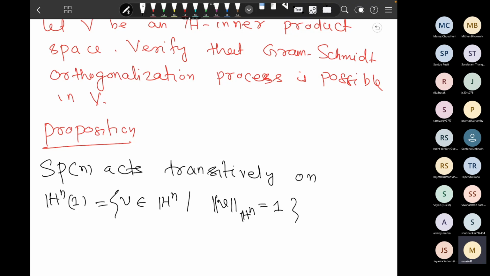And this action, since this is a matrix multiplication, is continuous.